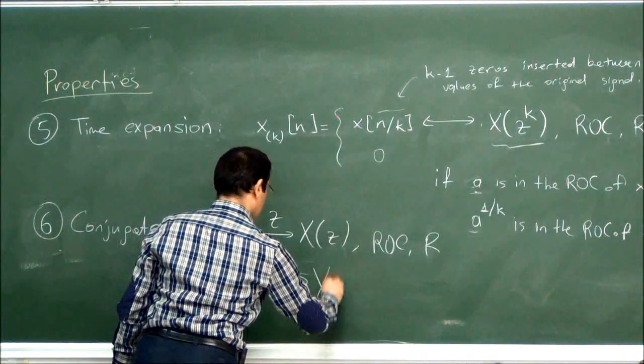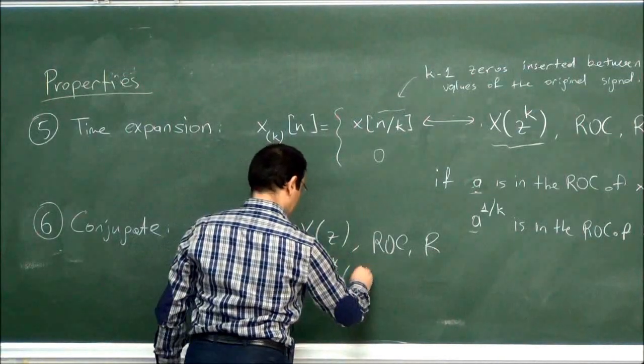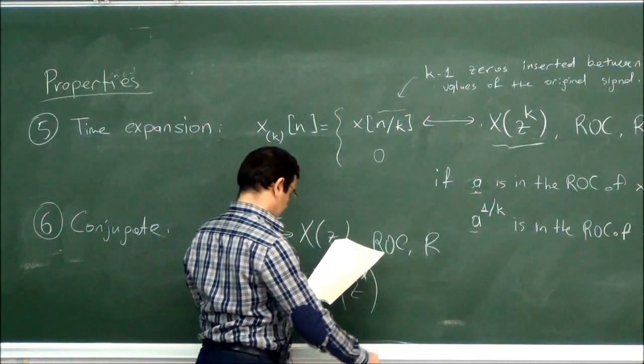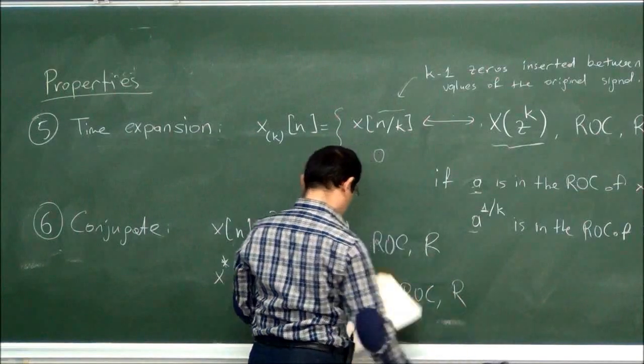In this case, it is X conjugate of z conjugate, and the region of convergence is again R.